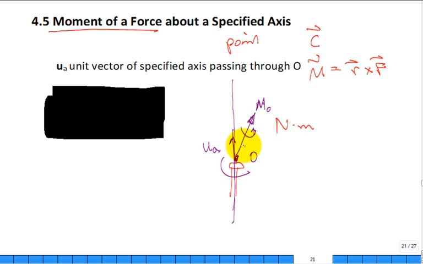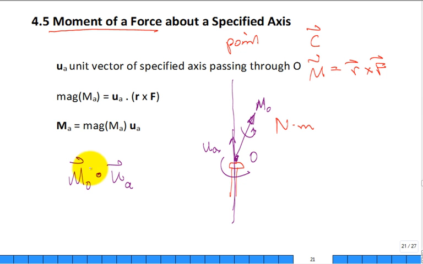If you wanted the magnitude of the component, maybe I drop back to a dot product. If I take M_O as a vector, dotted with u_a, the unit vector defining that axis, then I get the magnitude of that moment around the axis, which is what actually does the useful work of turning that bolt. That's what I'm interested in. Mathematically, it doesn't matter if you do the dot product first or second.